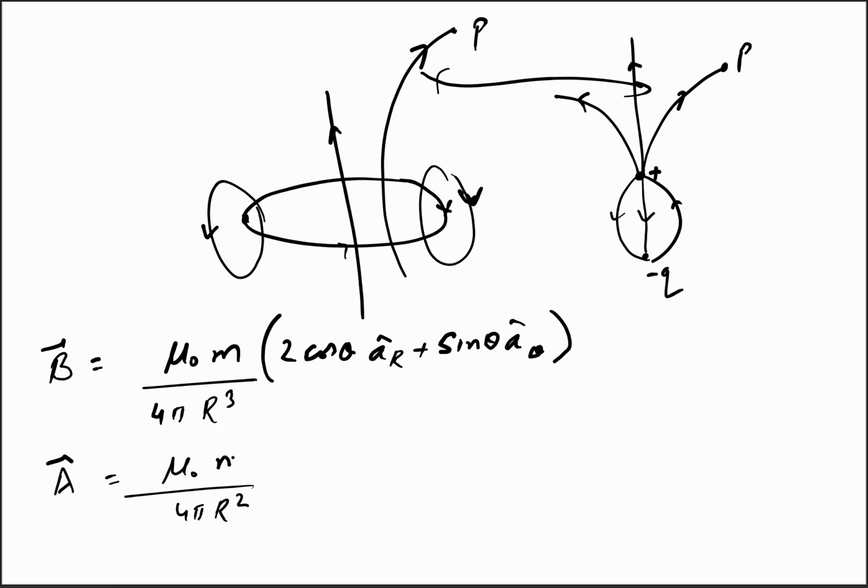Here also it is falling with R square. Only the difference is this cross product. Units are Weber per meter, and for B the unit is Tesla.